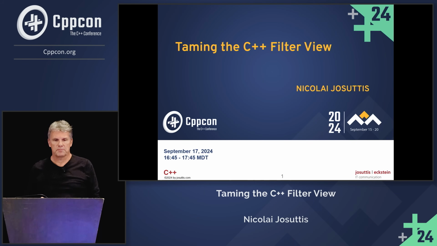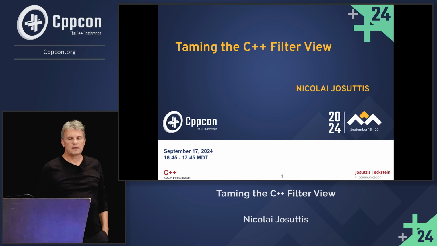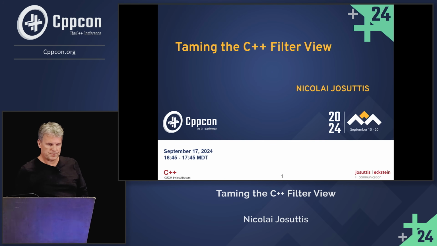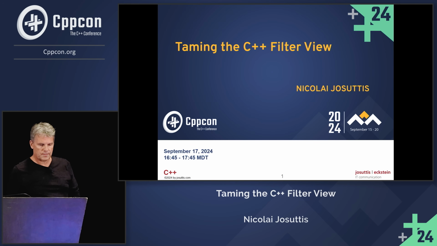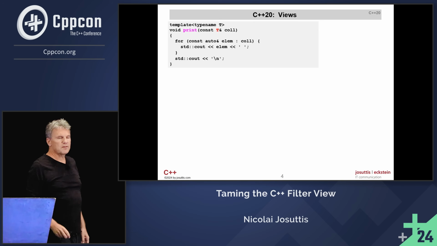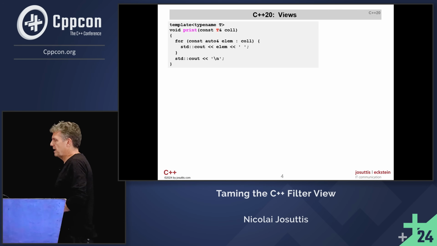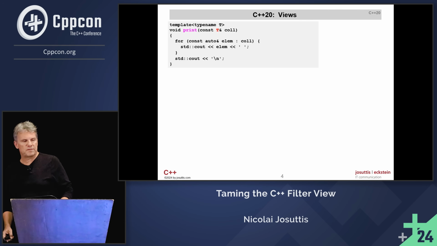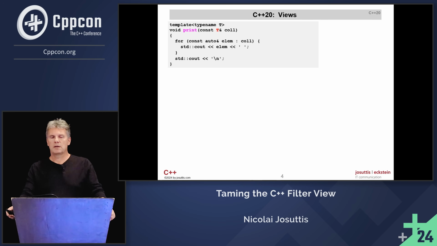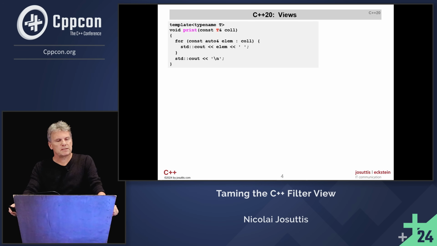So let's talk about the filter. So assume we have a print function, a generic print function takes in const T reference argument, which is a collection, and let's print out the elements just one by one with a space.